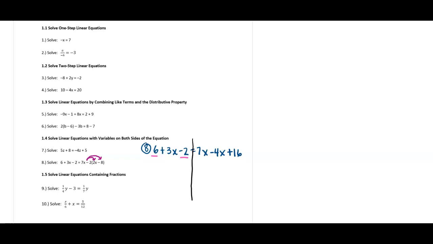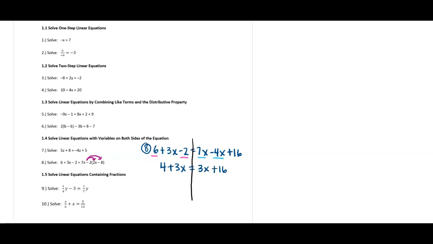So 6 minus 2 gives me 4, and then 3x doesn't have anybody to combine with, equals, and on the other side I have my 7x and a negative 4x that I need to combine together. 7x minus 4x is 3x, plus 16.